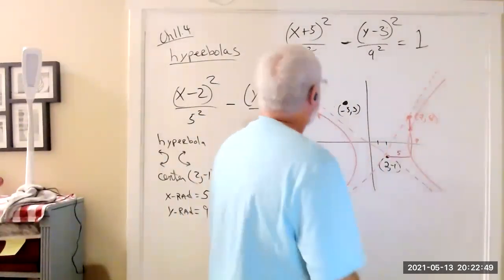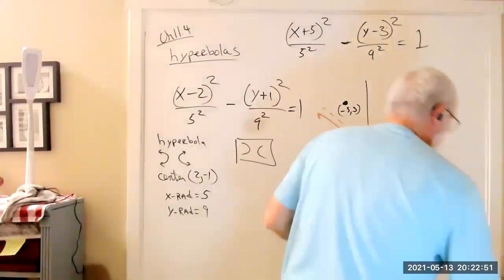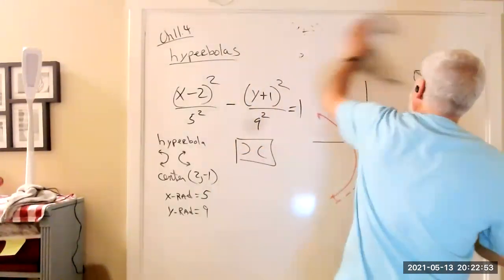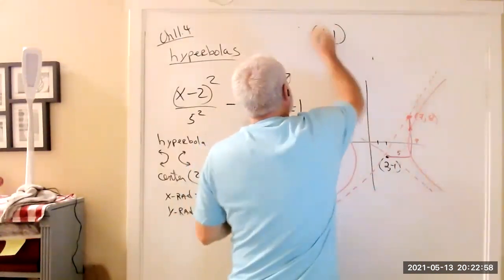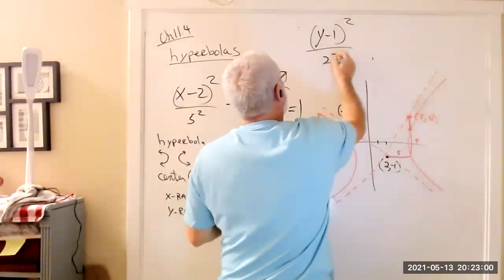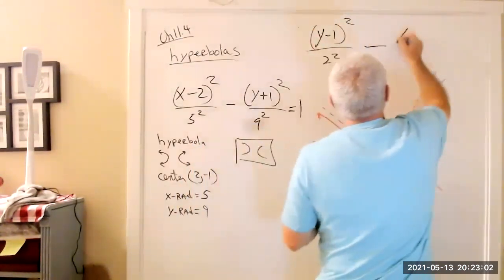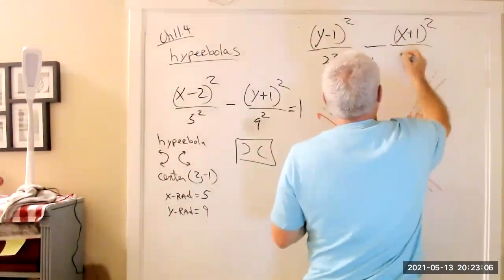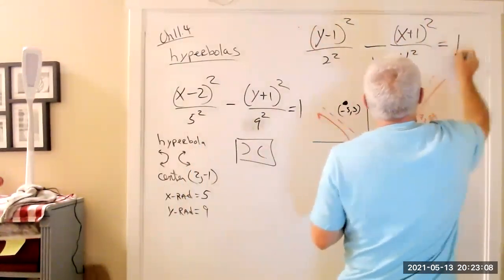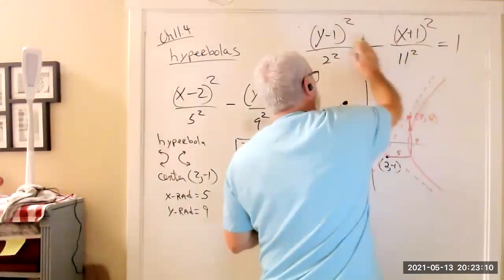If I gave you this equation, what if I gave you (y - 1) squared over 2 squared minus (x + 1) squared over, I don't know, something stupid, 11 squared equals 1. I'm not going to graph this one.